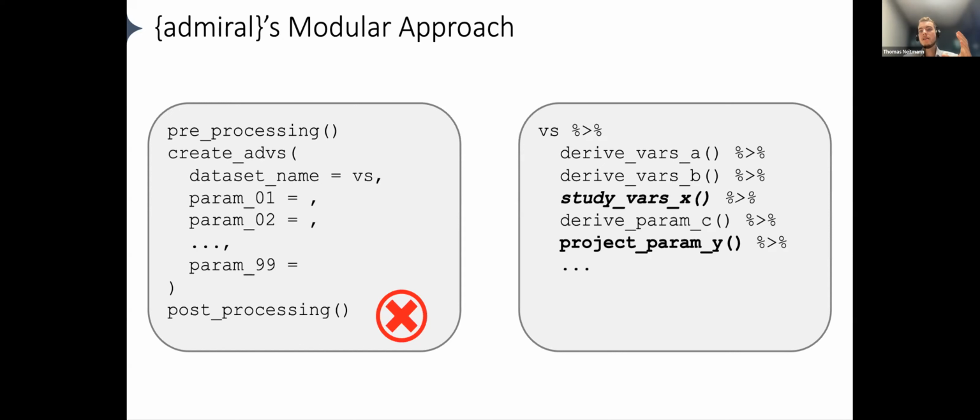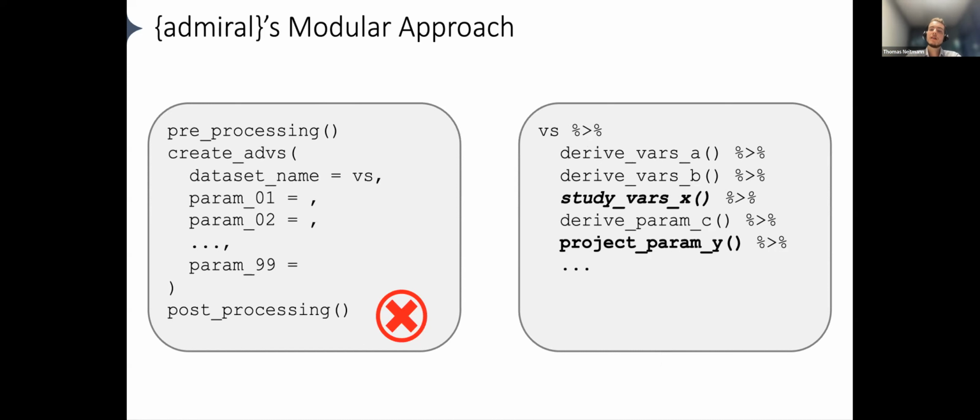Take the dataset in, do one single computation, output the dataset, and then pass it on to the next derivation. And you can see, using this funny looking %>%, the pipe operator in R, you basically feed the output of the first step to the next step, to the next step, and so on and so forth. And that way, instead of calling one huge function, you call all these little functions in a sequence, and that builds your ADaM dataset step by step.